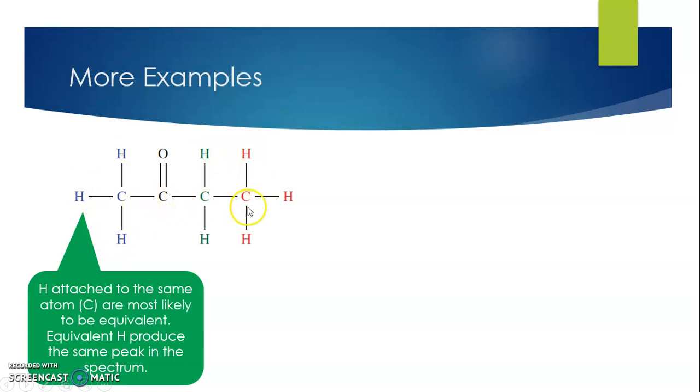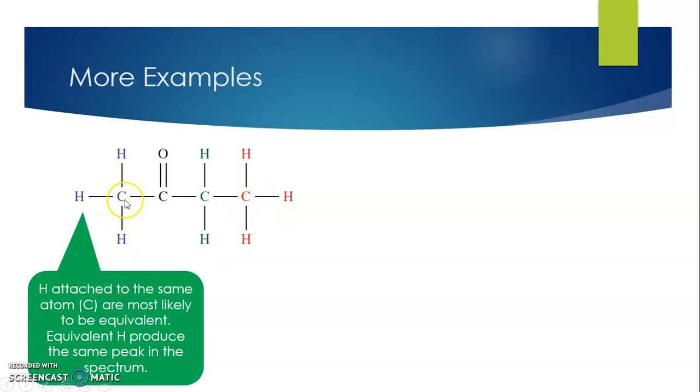And how many carbon environments? We have four carbons. Each one of them is connected differently from each other. For example, only this carbon has an oxygen double bond. Of course, a different environment. And this carbon has only three hydrogens and then a whole lot of different groups on the side, a different environment.